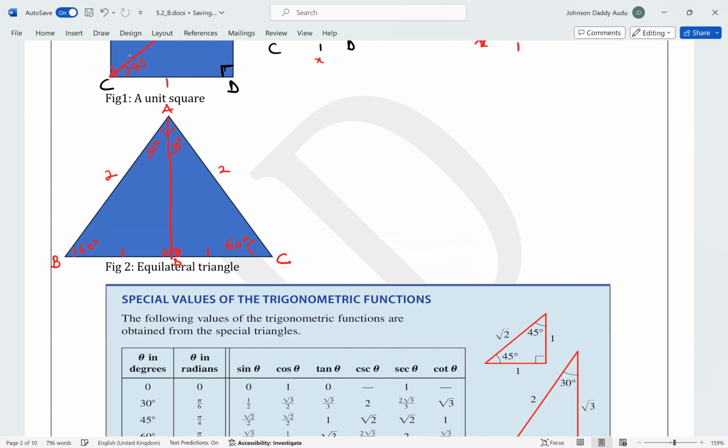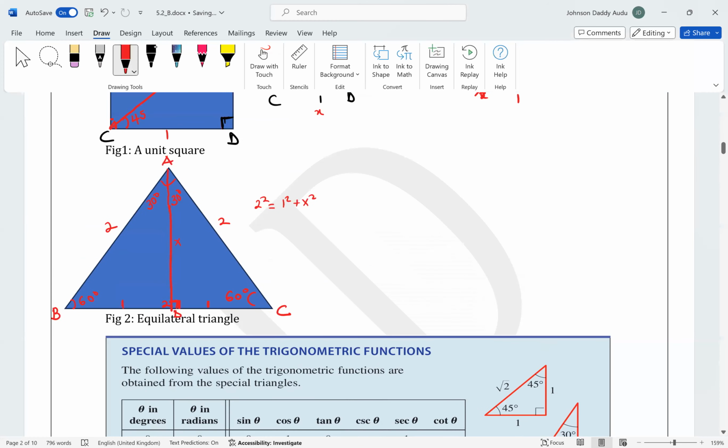We can also use Pythagoras theorem, because this is the right angle. So 2 squared is going to be 1 squared plus x squared. Let's call this part x, or any letter will do. So you will see that this is the square root of 3, because you have 4 minus 1.